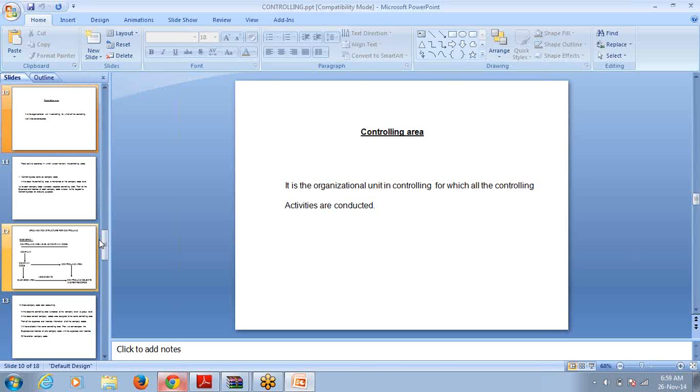Theoretically, I am talking theoretically. But when it comes to practicality, research and development overheads may not be there. When you don't have the research and development department or research activity, there are no overheads relating to research and development.